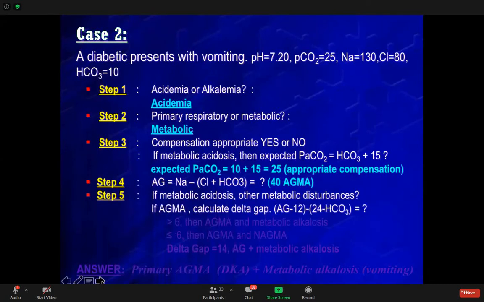اوكي. Is complete بس انك you want to calculate your delta gap صح ولا لا؟ عشان تعرف في another problem ولا لا.